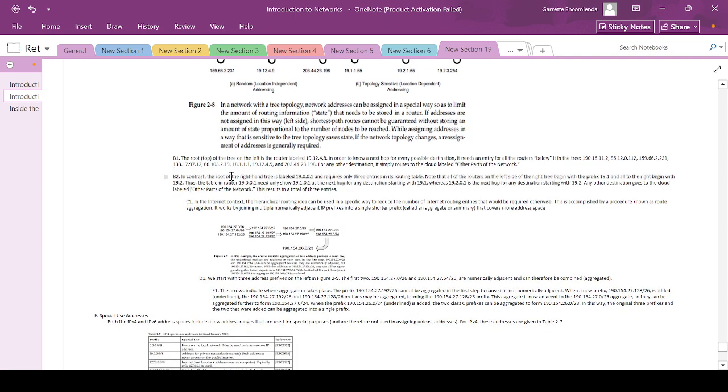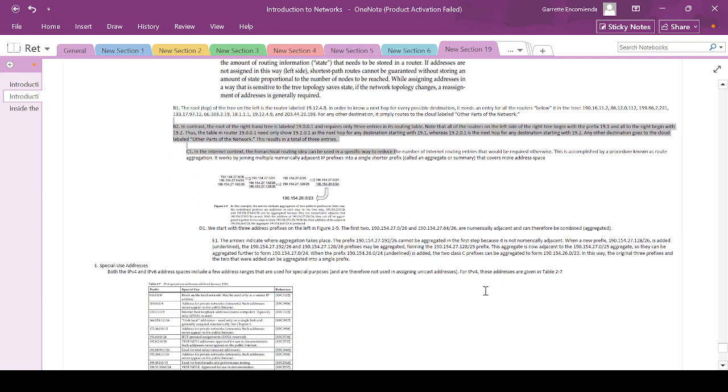In contrast, the root of the right hand tree is labeled 19.0.0.1 and requires only 3 entries in its routing table. Note that all of the routers on the left side of the right tree begin with the prefix 19.1 and all of the right begin with 19.2. Thus, the table in router 19.0.0.1 need only show 19.1.0.1 as the next hop for any destination starting with 19.1.